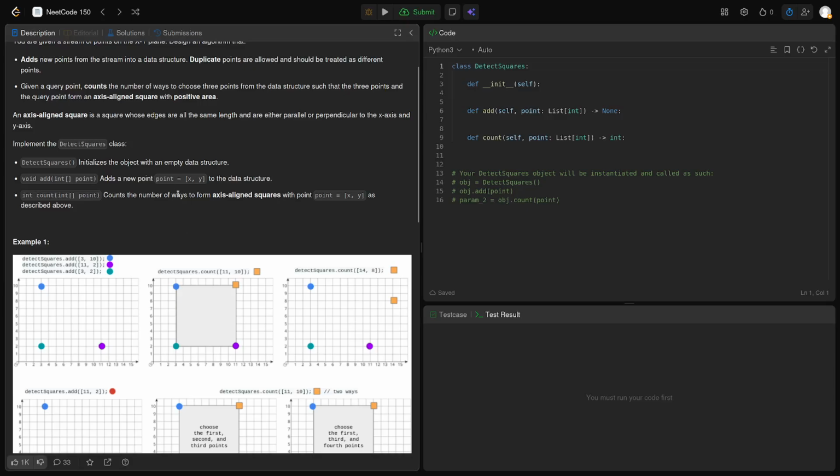Then, no, we actually just have to check. We know this distance, so we just have to check if in that column there is something up. This is 8, so we have to check if there is something at 18 or at 10, and then we count the number of points at that exact coordinate.